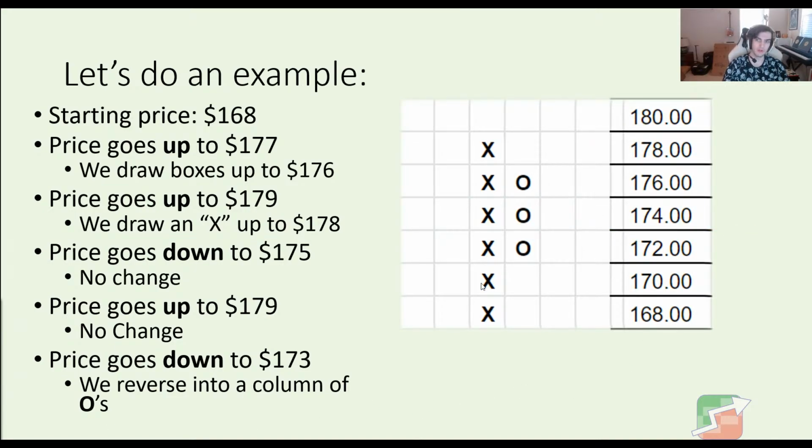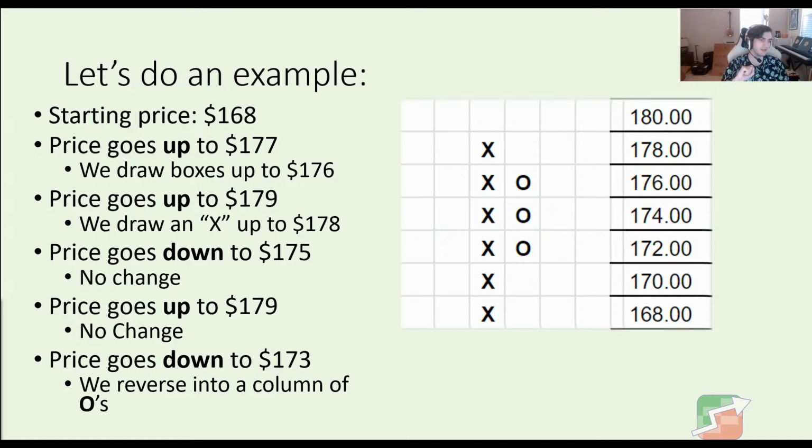And the chart would look just like we see here. So remember, anytime we want to go from X's to O's or O's to X's, we need to have 3 boxes or more. And here you can see them. 1, 2, 3. So now we have a column of O's.